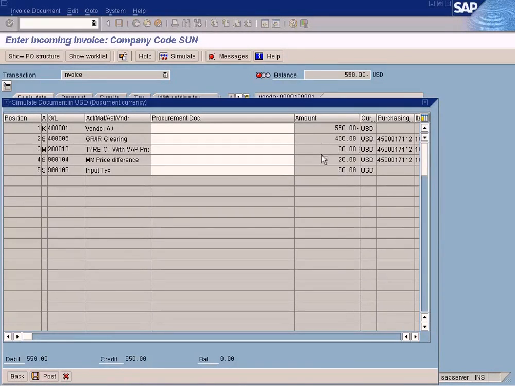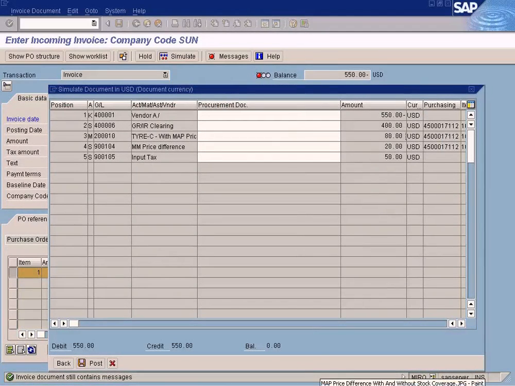So what's happening here is that the $100 price difference is posted to the stock account only for the available stock balance, which is 8.